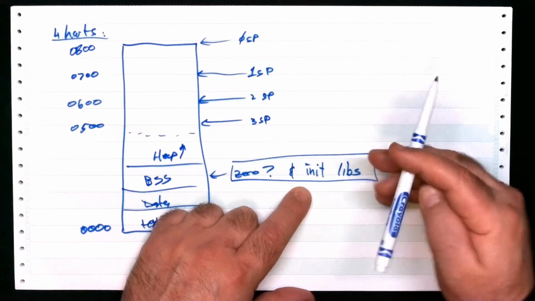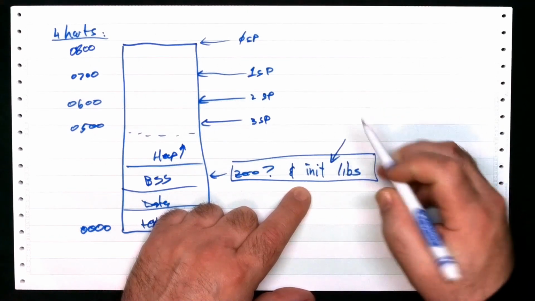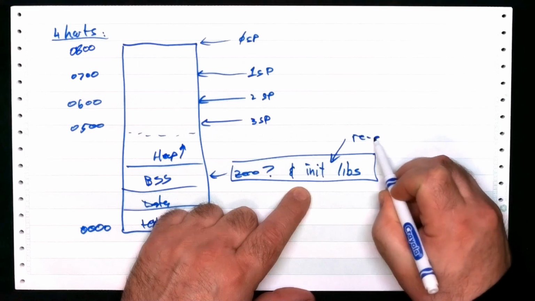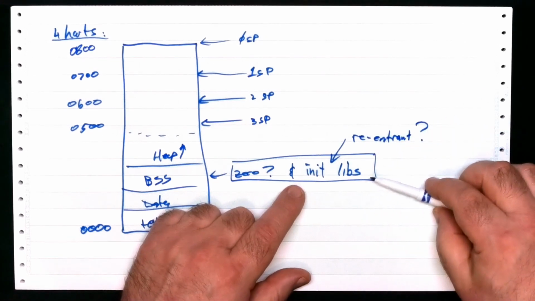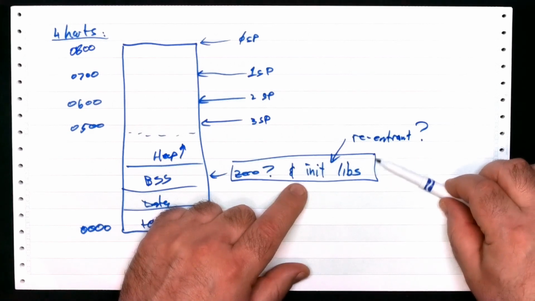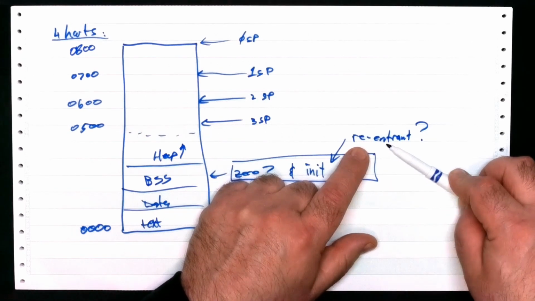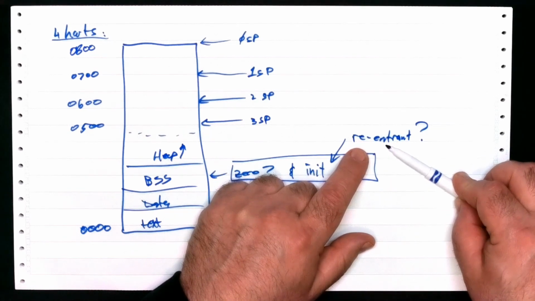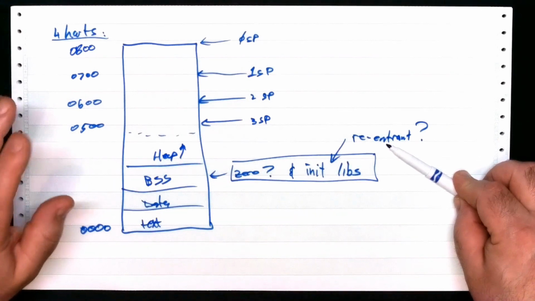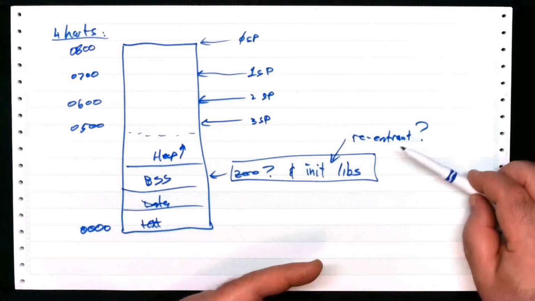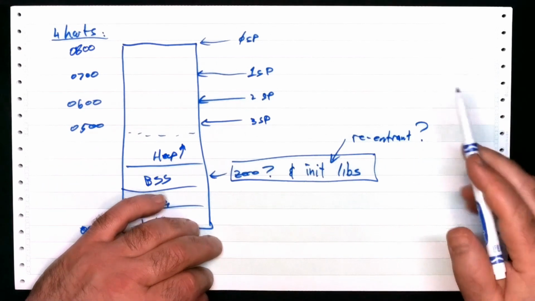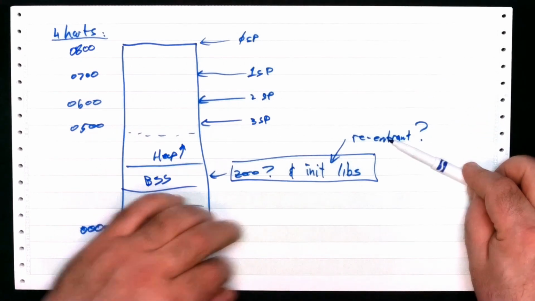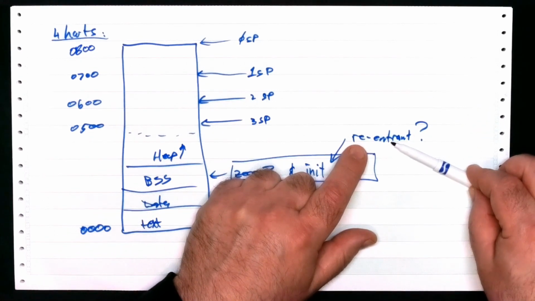So that raises the question, is this what we call reentrant? The answer is probably no. If you don't know that a function is reentrant, then you must assume it is not. What the heck is reentrant? All right? A reentrant function is something that can be executed at the same time by more than one thread.